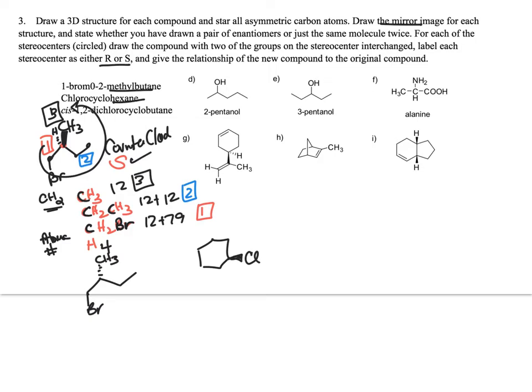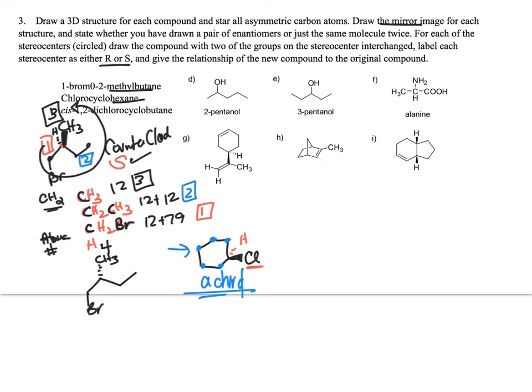You can tell this because you've got chlorine, you've got hydrogen going back, but then this is a methylene, and then you go to the next methylene, and then you see that you meet yourself, okay? So this is achiral, and it has no asymmetric center, no asymmetric carbon.